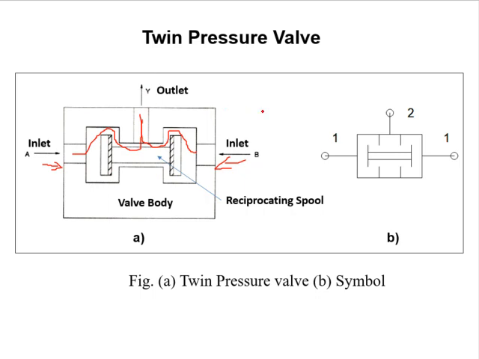By using this valve we can generate AND logic: only if both inlets are present will we get the output. The symbol shown here is a reciprocating spool and the outlet line with two inlets.